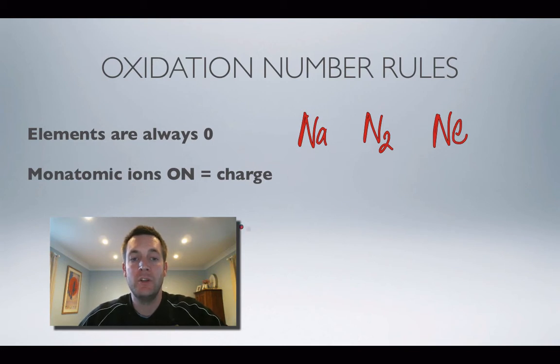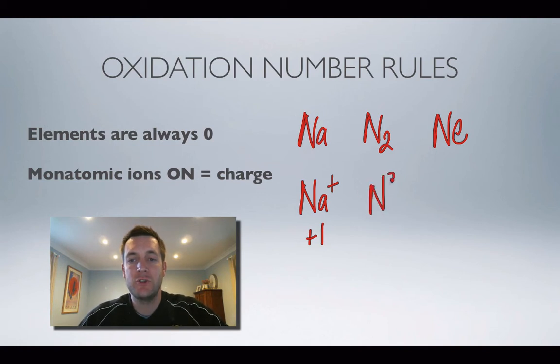Okay? Monatomic ions, so that is ions that are made of only one atom, and notice this is an ion, it's not an element anymore, even though it's made of an element. Sodium ions have an oxidation number of +1 because their charge is +1.